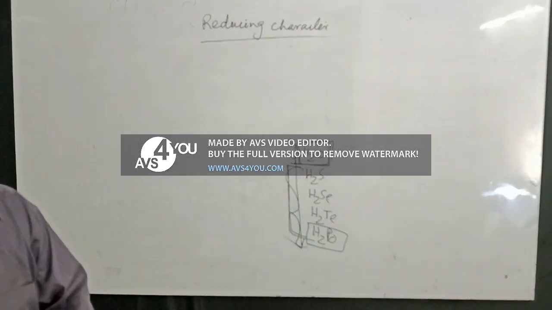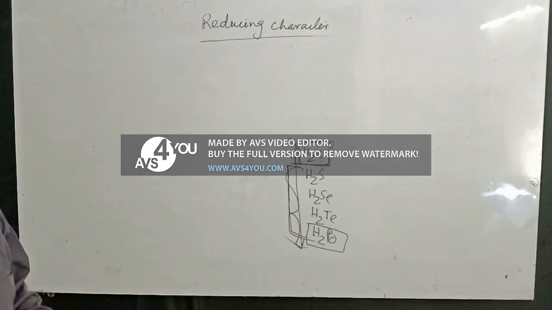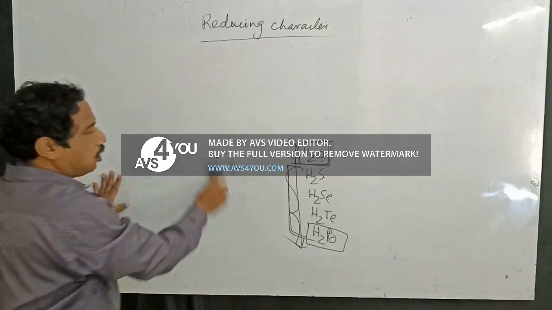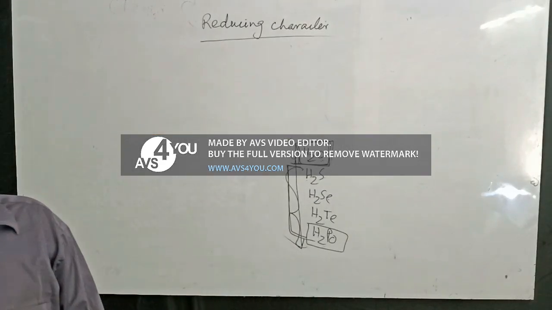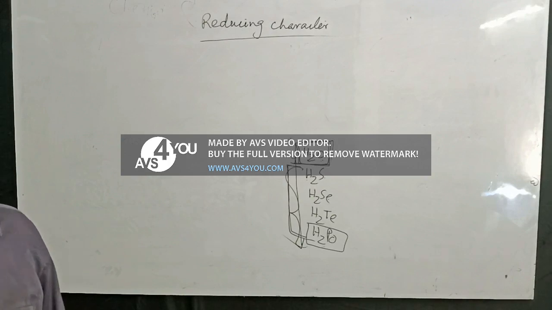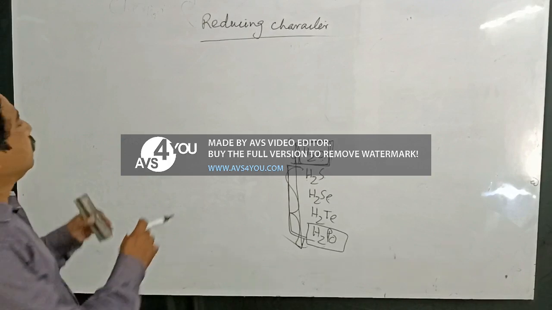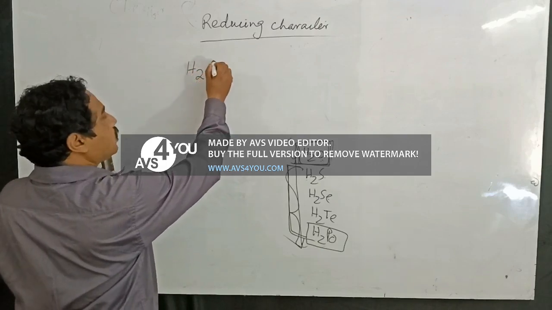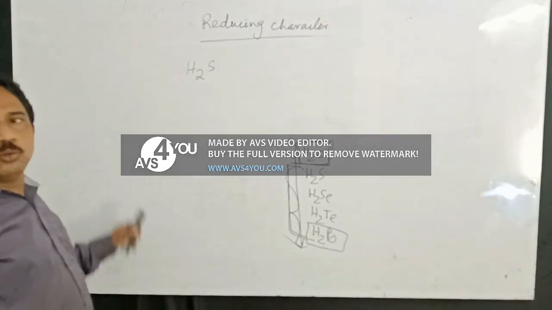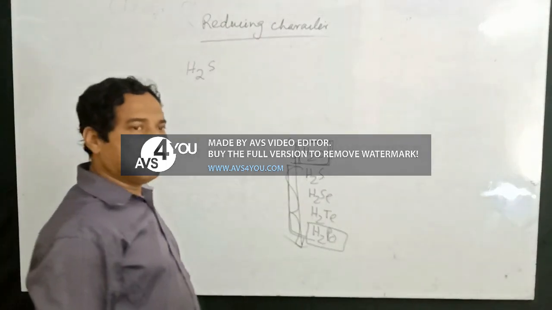Next, acidic character. Hydrides of group 16 are dibasic acids. For example, H2S has two replaceable hydrogen atoms.